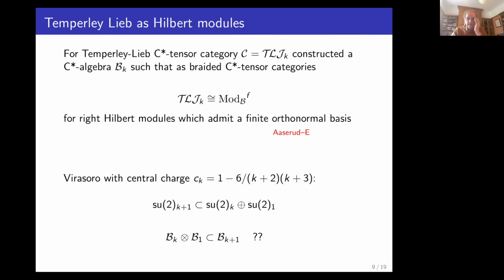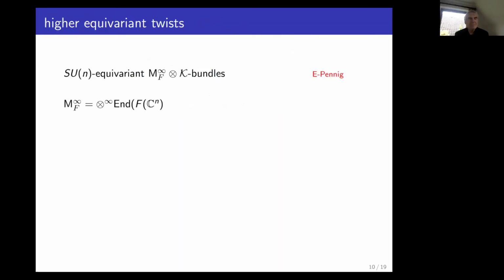Okay. Right. So where are we now? Hopkins-Teleman was about bundles of compacts over a group, equivariant.